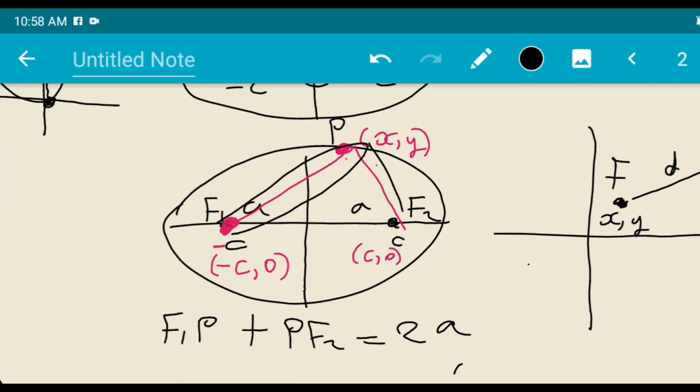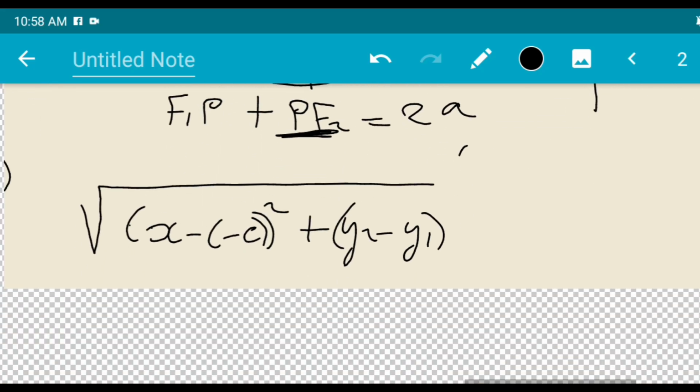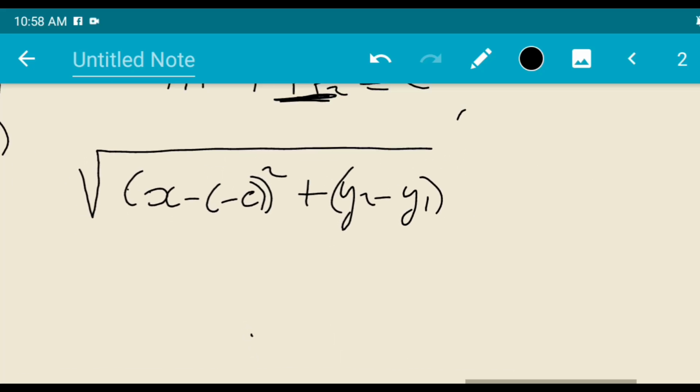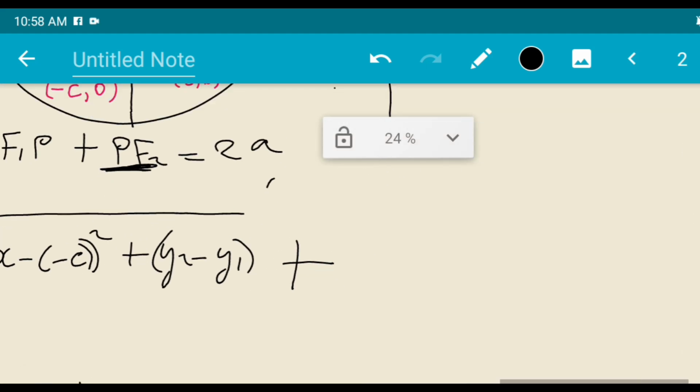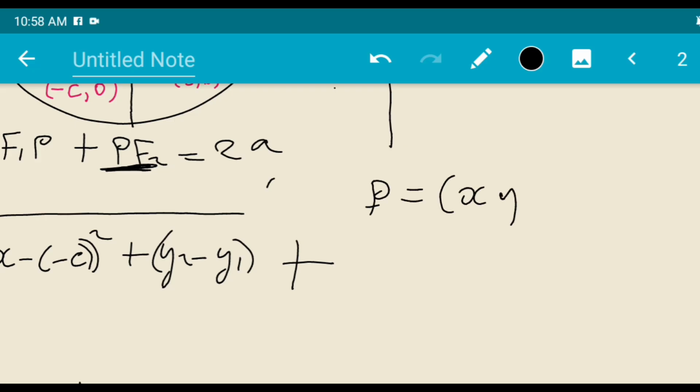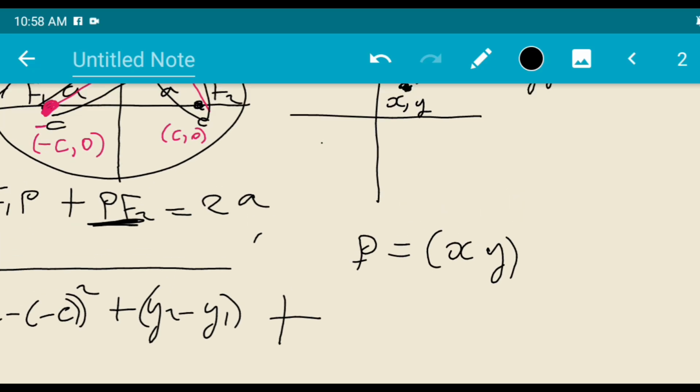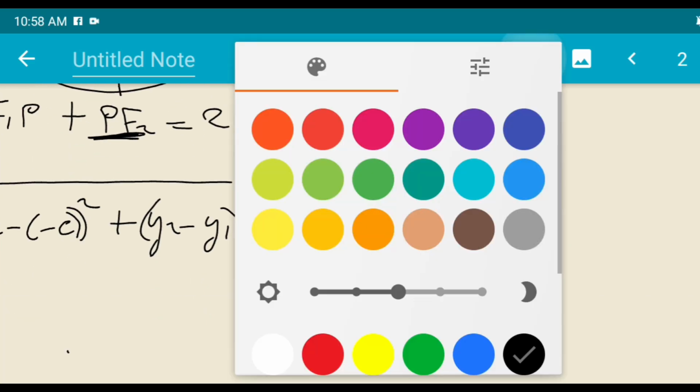Now let's find for this as well, which is this pf2. So we say plus pf2. What are the coordinates of point p? Point p is just x, y. It's the same one. Then point f2, which is this point here, would be c, 0.